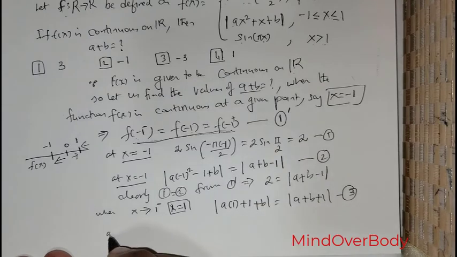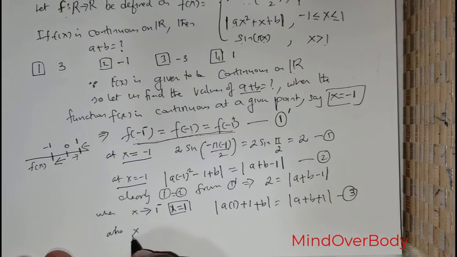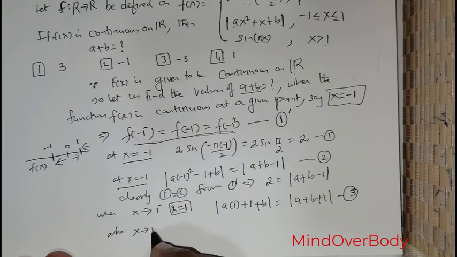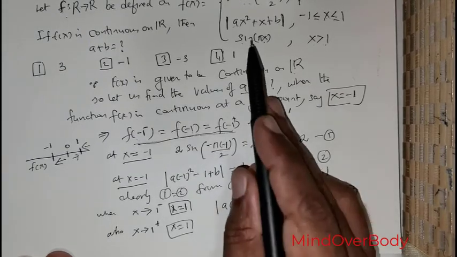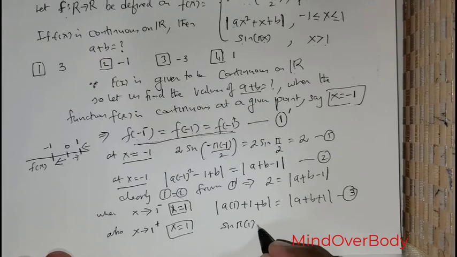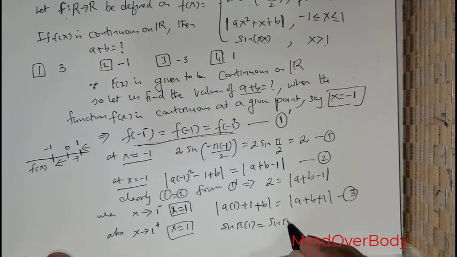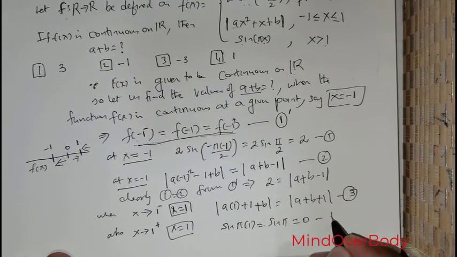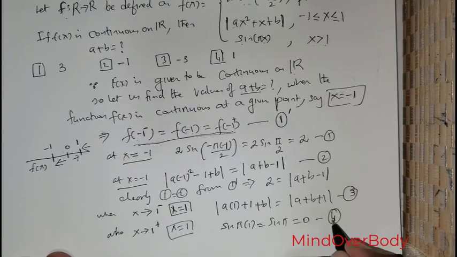Okay, also when x is going towards 1 from the right side, to find the value of the function for x equal to 1, this would give me sine of pi times 1, which is equal to sine pi, which is equal to 0. Maybe I take this as some 4.